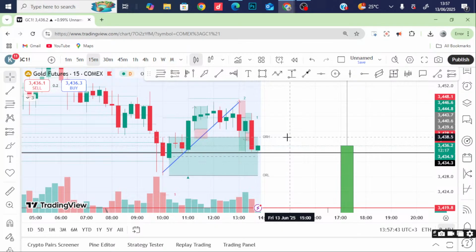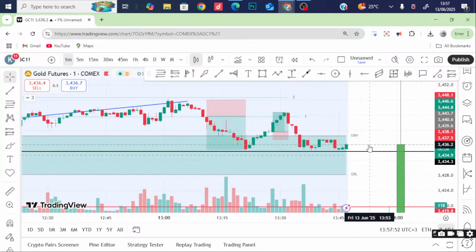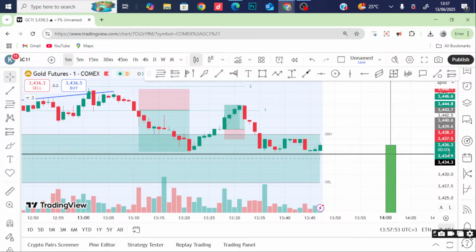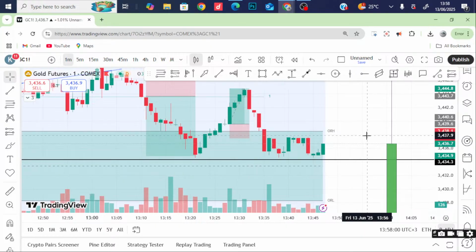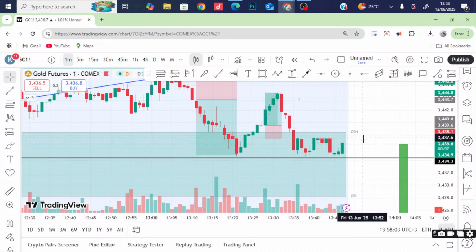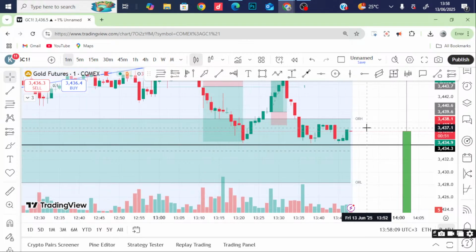We're still in the London session. So we are having a retest on the upper side, so we'll wait so we can see what's the feedback in the market.